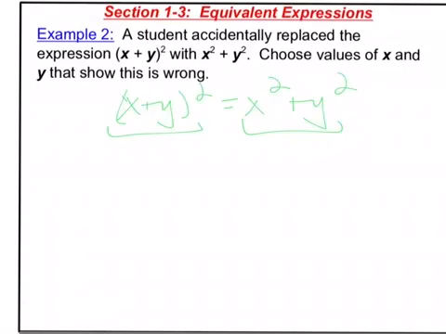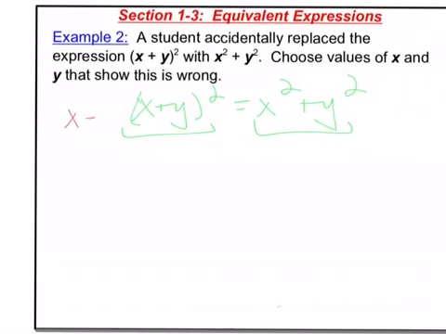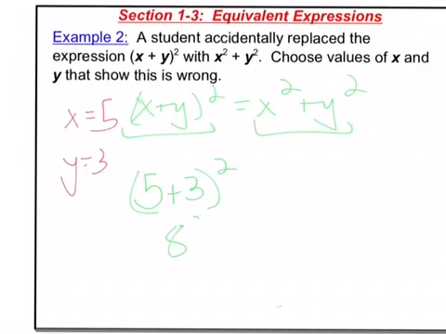So let's say we're going to make x equal to 5 and y equal to 3. When we come down here, we're going to replace x with 5 and y with 3. So we want to do the quantity 5 plus 3 squared. That would give me 8 squared, which is 64.